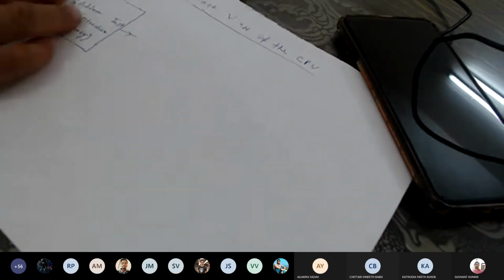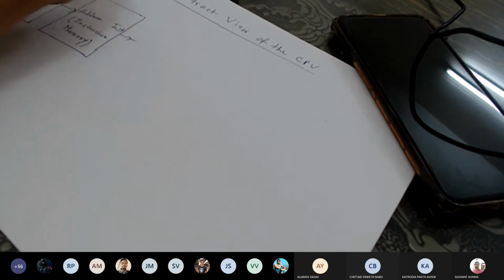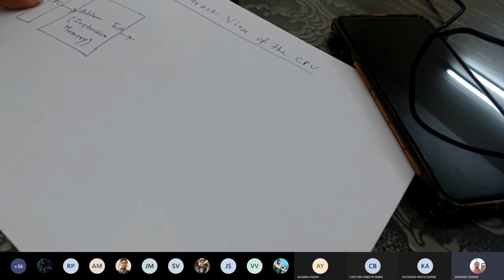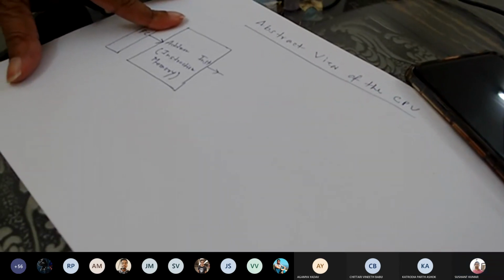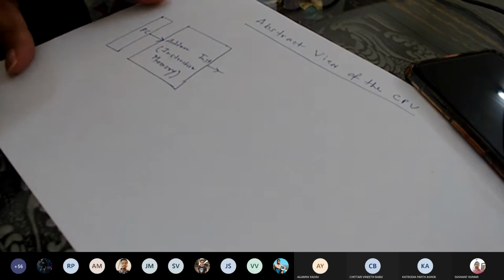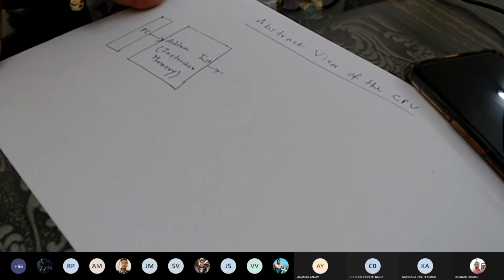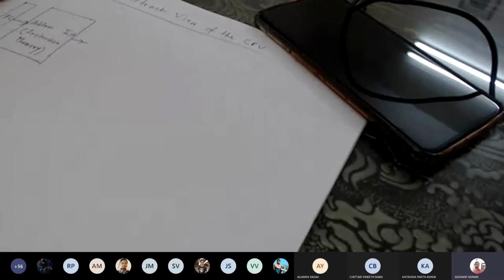Is it better now? Fine, sir, but the whole paper is not coming. Yeah, the whole paper is not coming. That is the problem of my camera. Now it's slightly tilted, but that is what I can do at best.